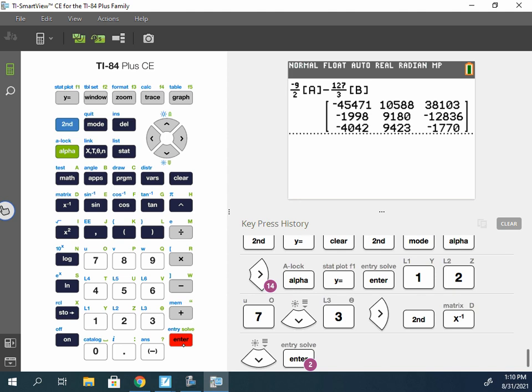I did that on purpose, because if you notice here, every single number in the first matrix is divisible by 2. And I made sure that the second one was all divisible by 3. How do we know if a number is divisible by 3? Guys? How do we know if a number is divisible by 3?